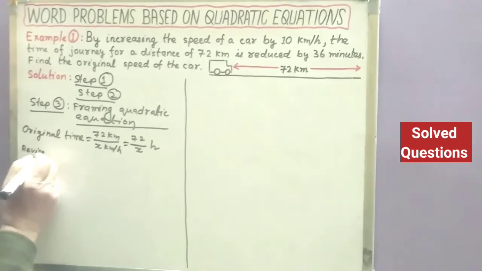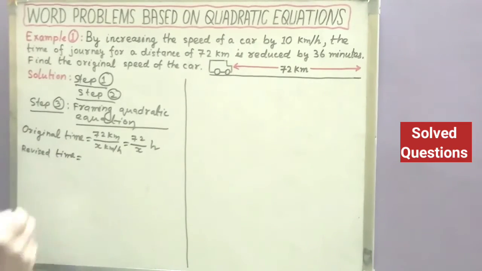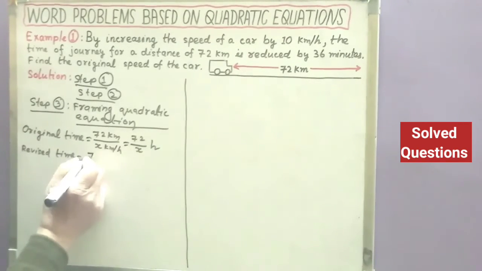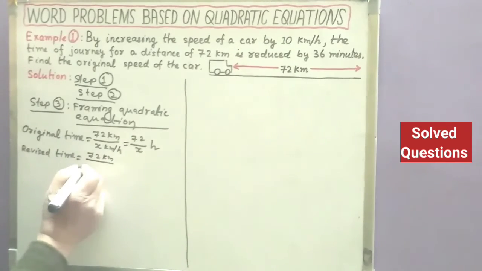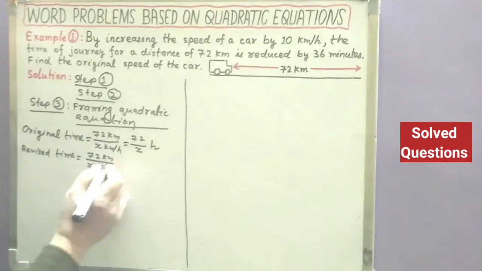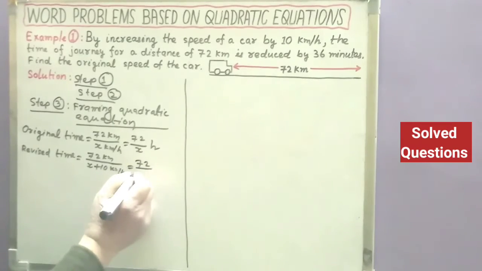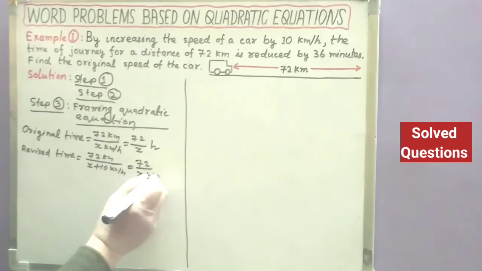Then the revised time of journey becomes 72 km upon x plus 10 km per hour, because the speed is increased by 10 km per hour, that equals 72 upon x plus 10 hour.